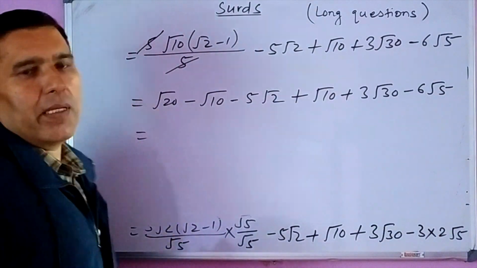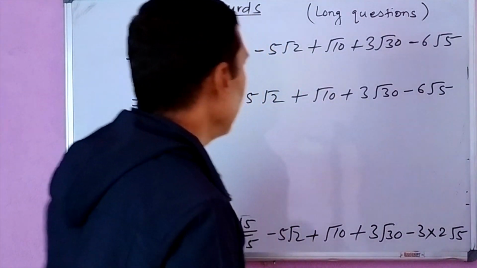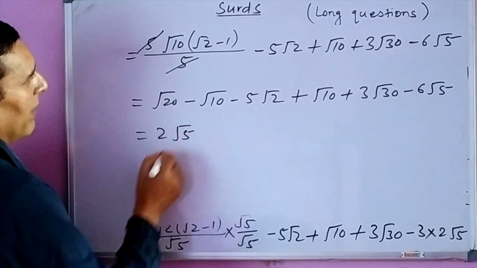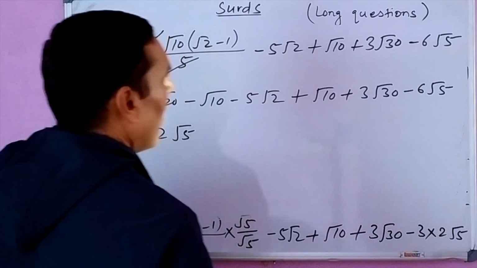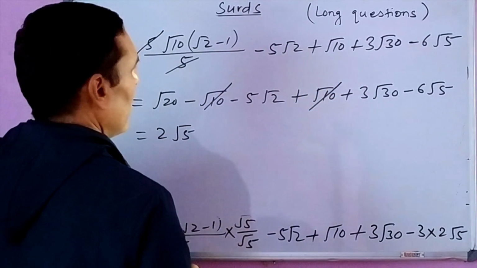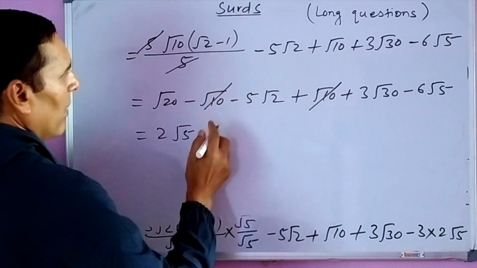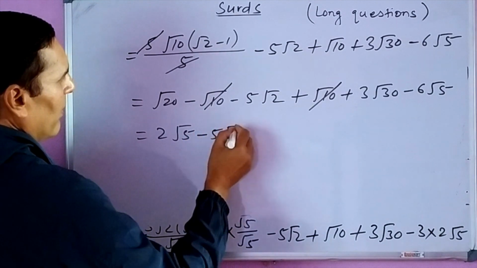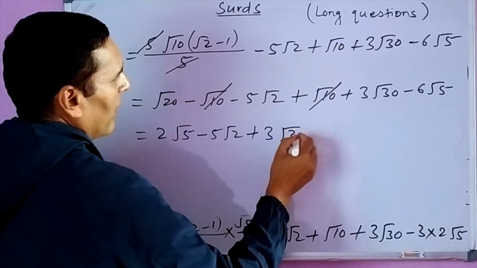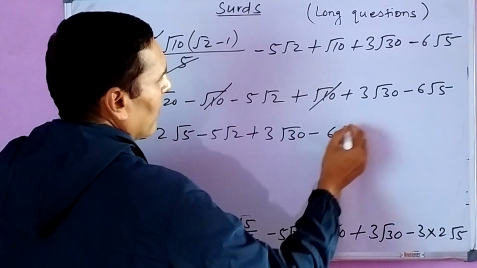So we know that 20 is 4 into 5, so it is 2√5. This minus √10 plus √10 cancel. Minus 5√2 plus 3√30 minus 6√5.